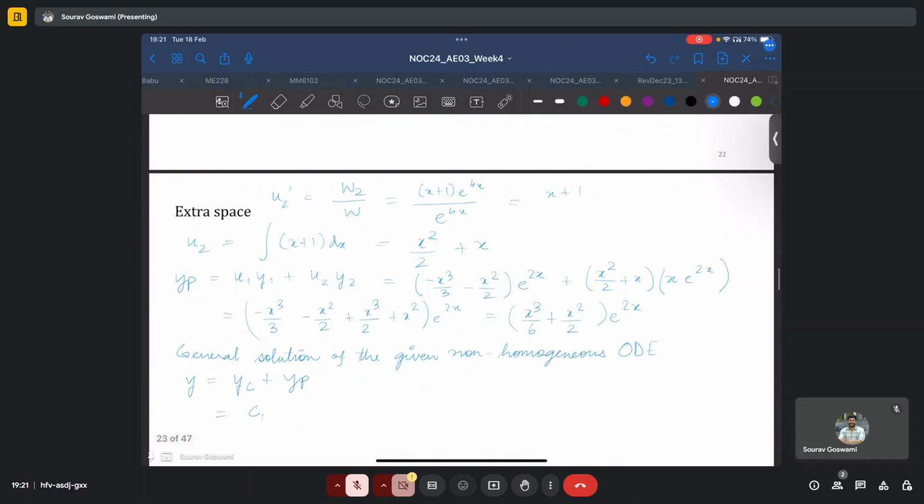So C1, what is y1 again? It is e power 2x, plus C2 x e power 2x, plus the particular solution x cubed by 6 plus x square by 2 times e power 2x.